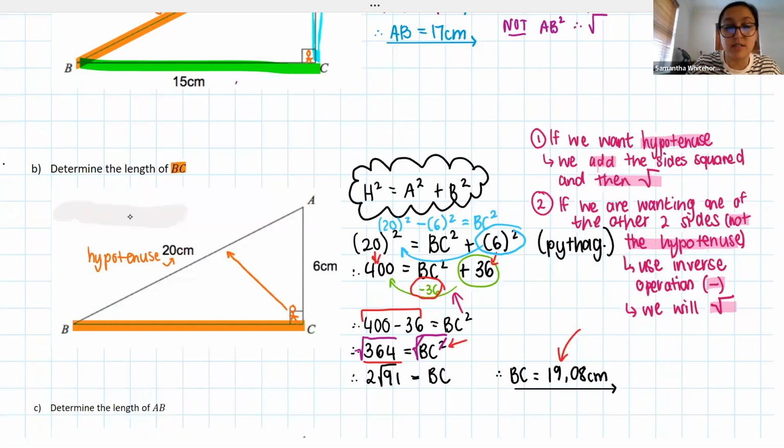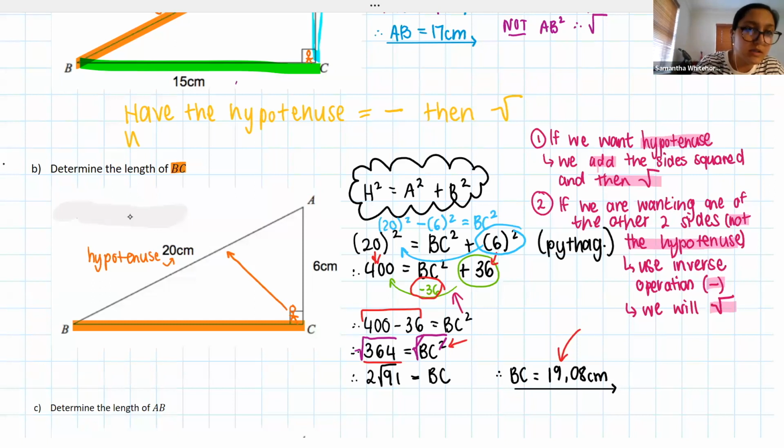Those of you that are struggling to see the pink notes, listen. If you have the hypotenuse, we need to subtract, then square root. If we want the hypotenuse, we add and then square root.